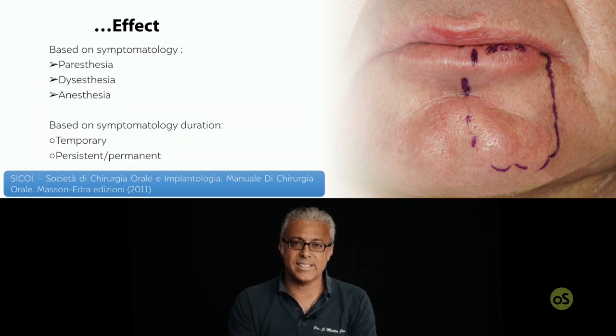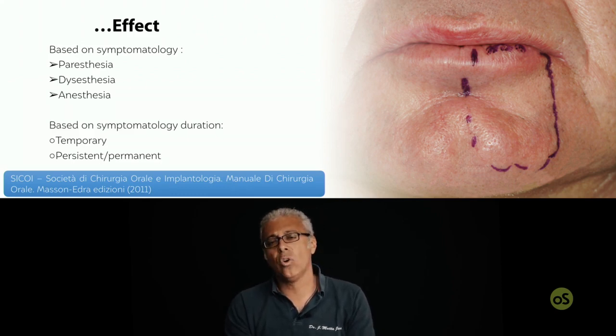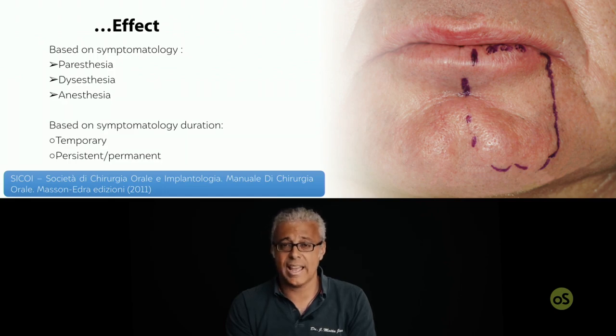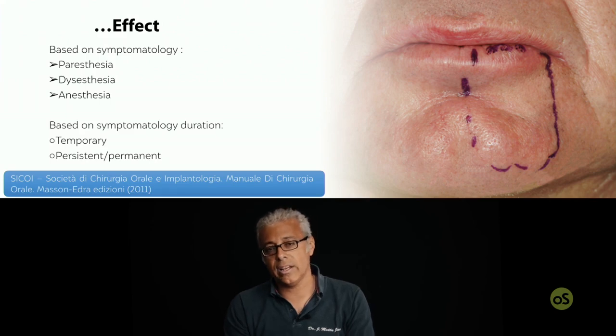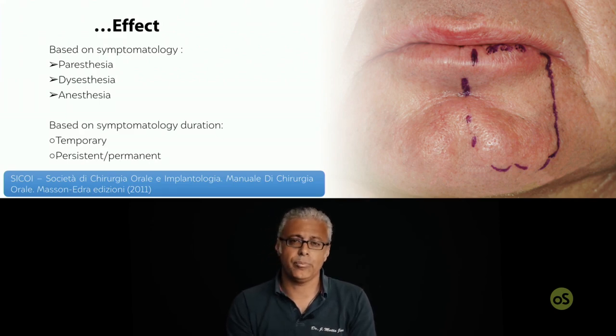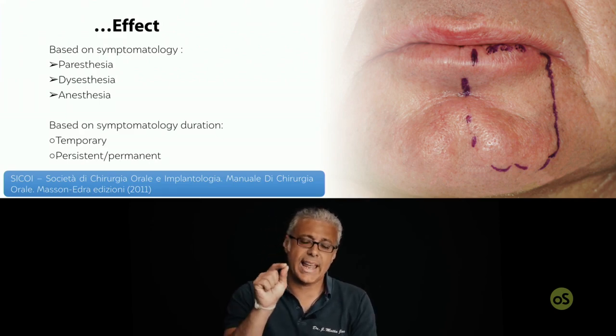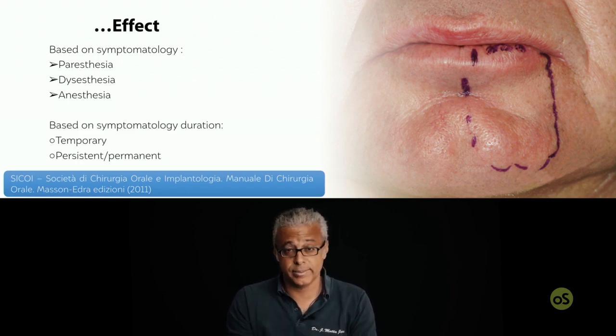Or a complete anesthesia, so no sensation at all. We also have to base our diagnosis and our classification on the duration, so it can either be temporary or persistent or permanent.